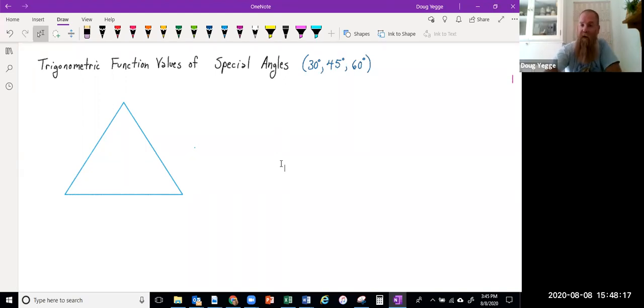So the first thing we're going to do is look at an equilateral triangle. The first thing to remember is that all triangles have angles that sum to 180 degrees. Since this is equilateral, all 3 of these angles are equal to each other. And so 180 degrees divided by 3 means that each one of these angles is 60 degrees.